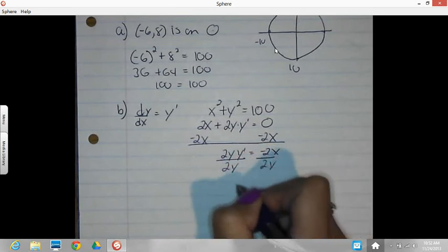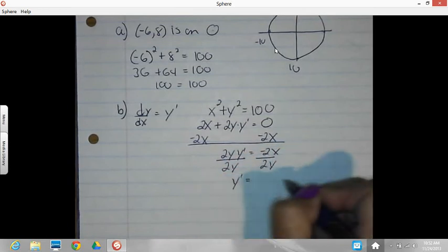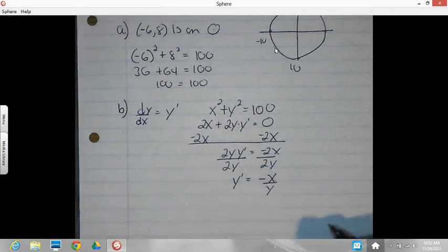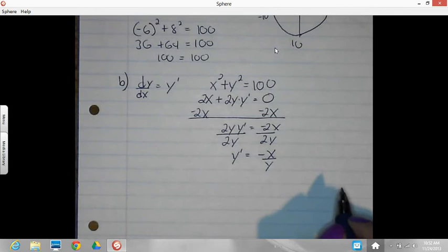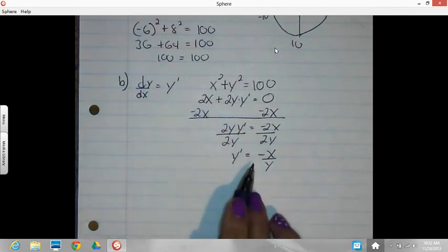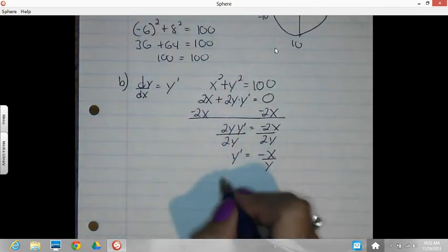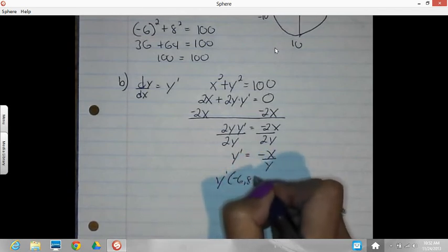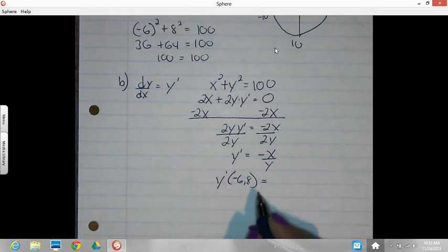Y prime equals negative x over y. And then it said substitute your point in and explain why the answer is reasonable. Well, if I do y prime at negative 6, 8, so that's putting in a negative 6 for the x and an 8 for the y.